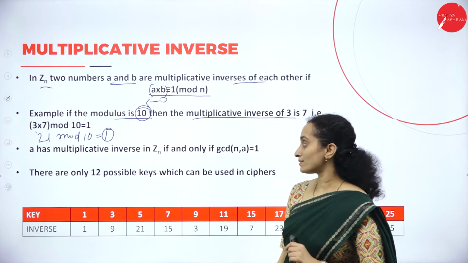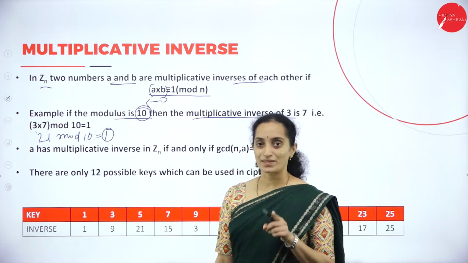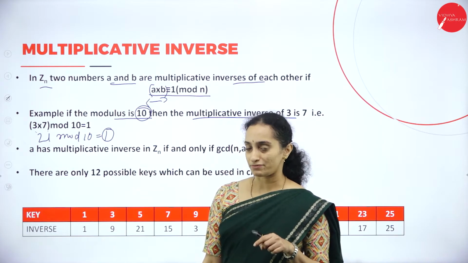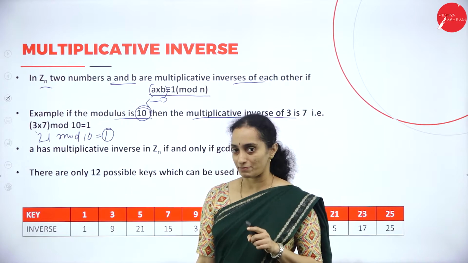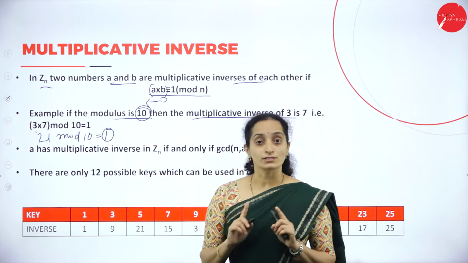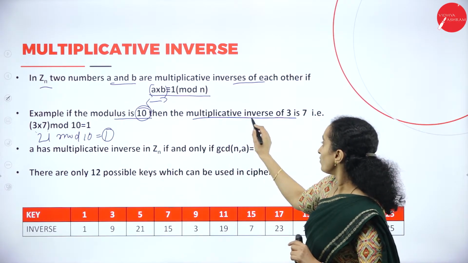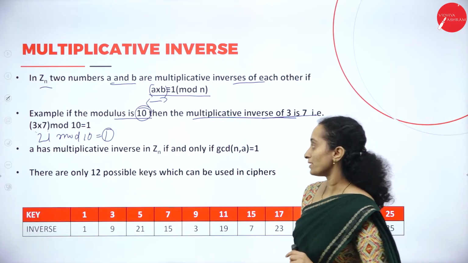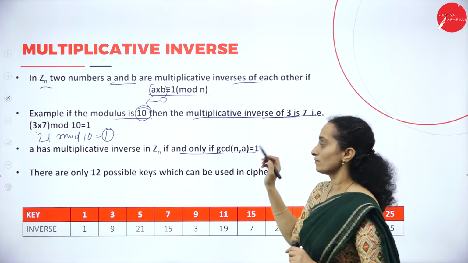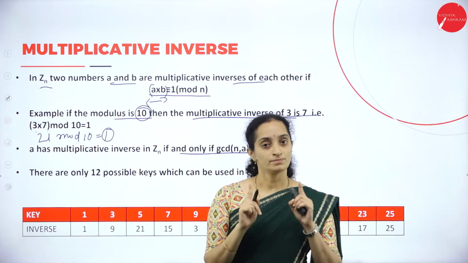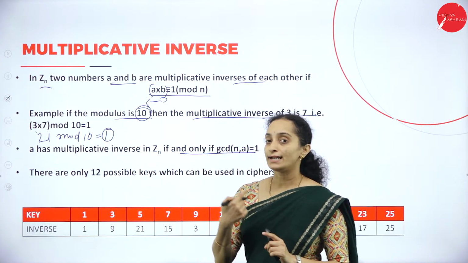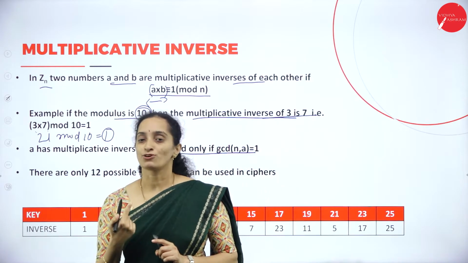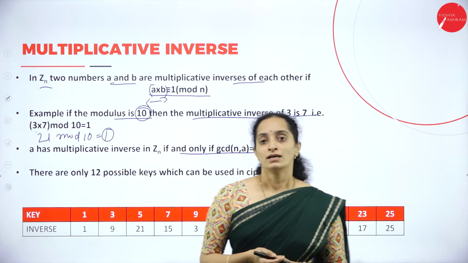When modulus becomes equal to 26, that is in our actual cryptography, we use modulus of 26, is it not? 26 alphabets. So, it is modulus of 26. To perform this, you have to find the multiplicative inverse by repeatedly checking with each of the values.